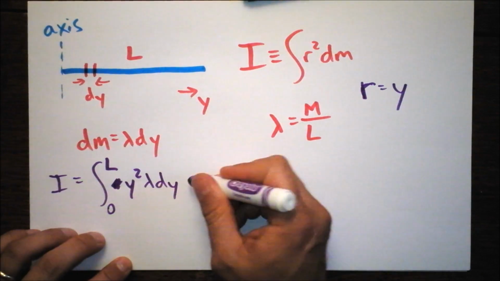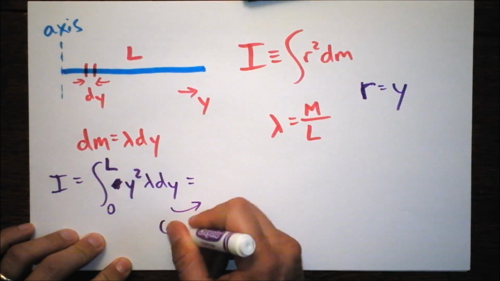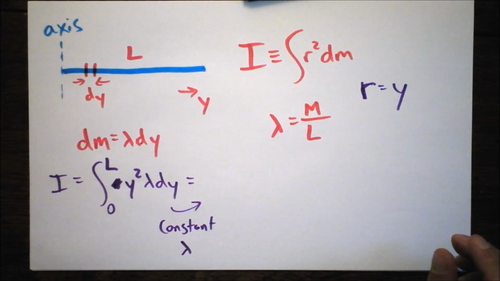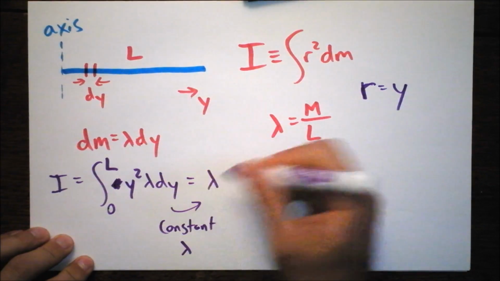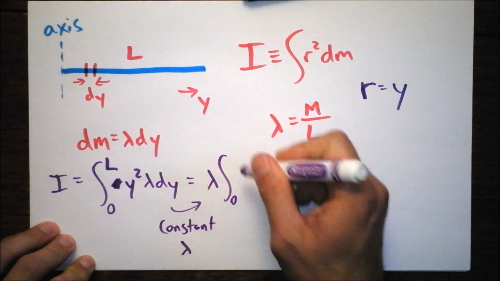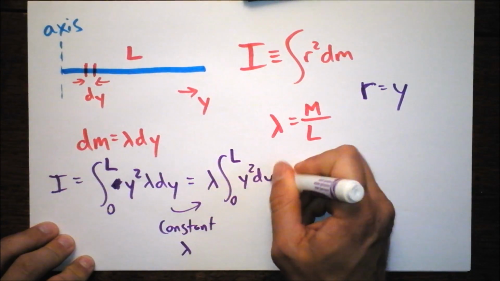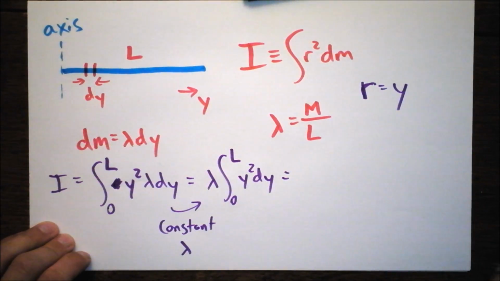Oh gosh, this is really easy. If we assume a constant density, a constant linear density, then we can pull out the lambda. And we get from 0 to L the integral of y squared dy. Golly, even I know that integral.